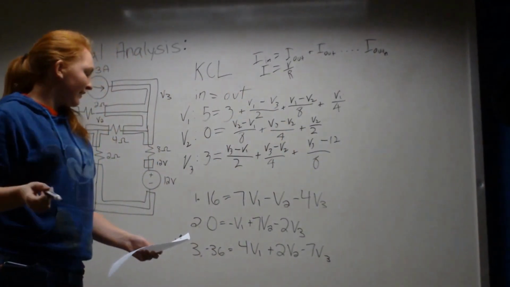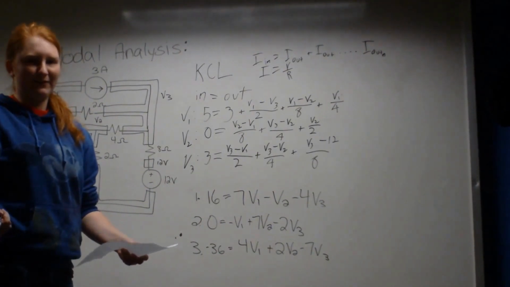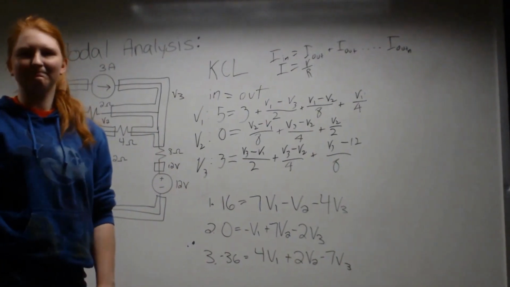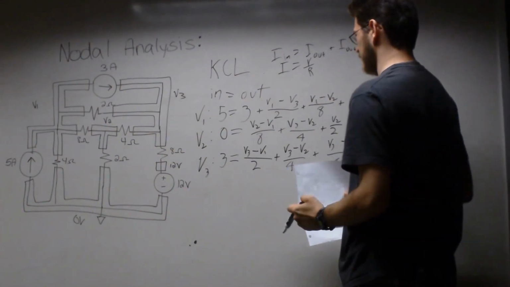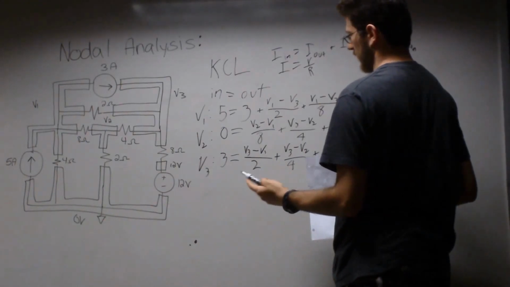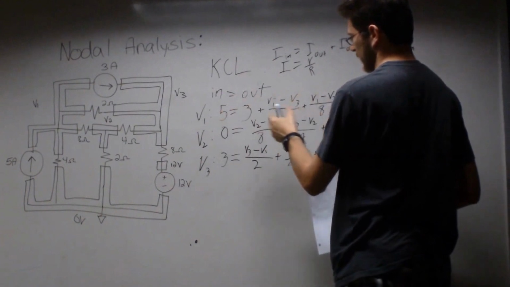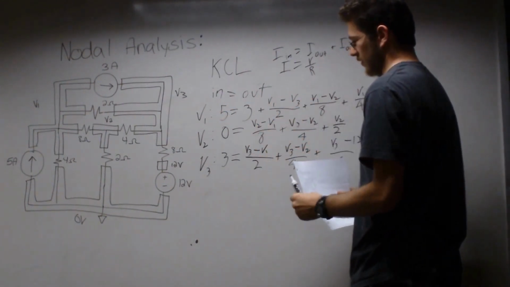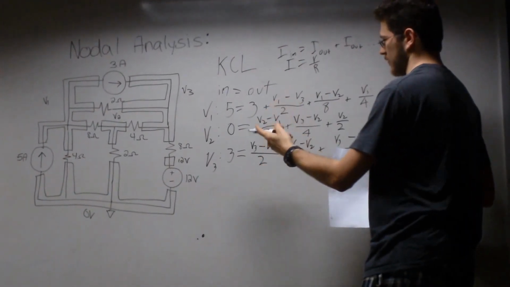And then we'll show you what the answer should be once you solve this system of equations. So to solve the system of equations, you need to make each equation just be like V1 equals something, and then plug that into the other equations to solve for the different voltages.